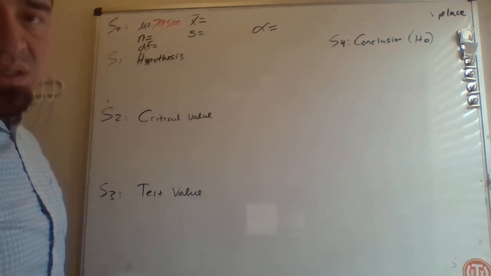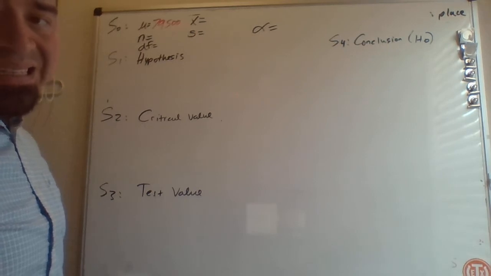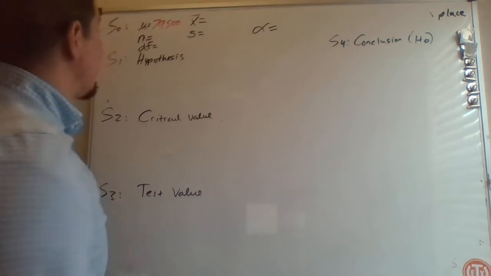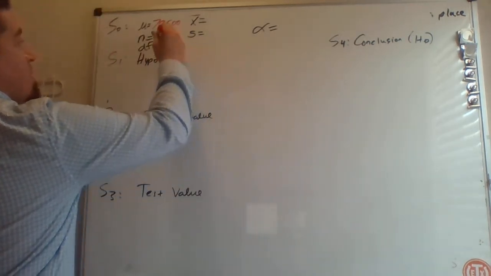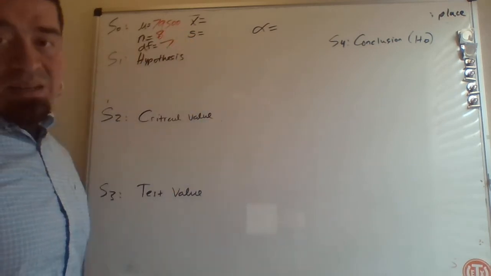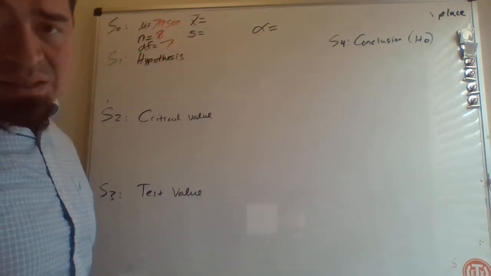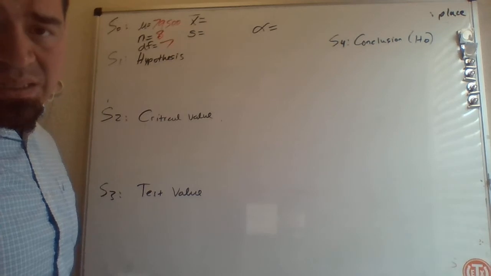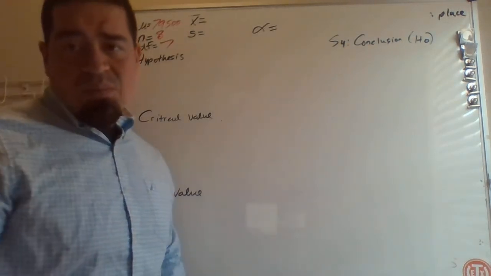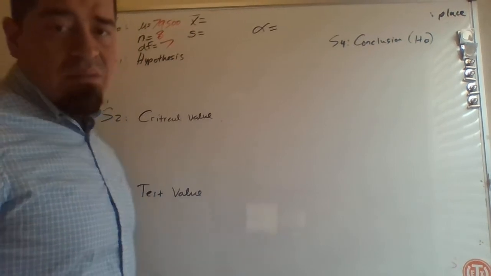So a researcher wishes to test the claim that the starting salary is less than 79,500. A random sample of 8, so that's going to be our n, which means degrees of freedom would be 7. I'll just write that in. And then that's really it. They gave us the data. So is there enough evidence to support the researcher's claim at alpha 0.1?